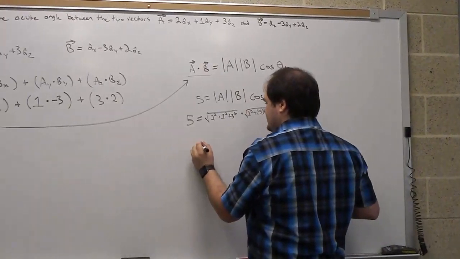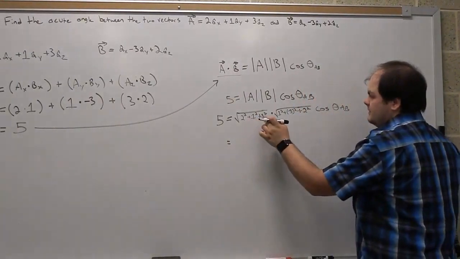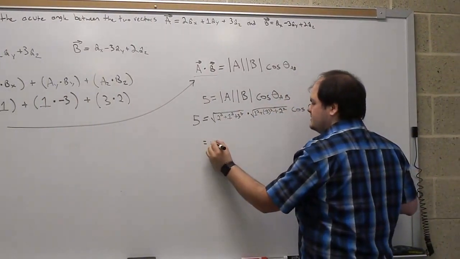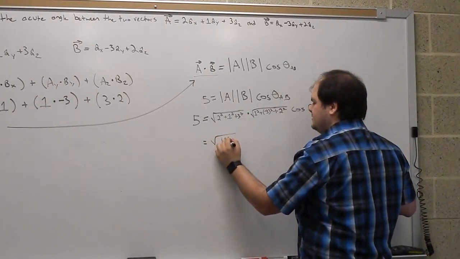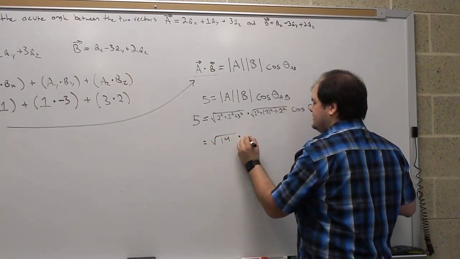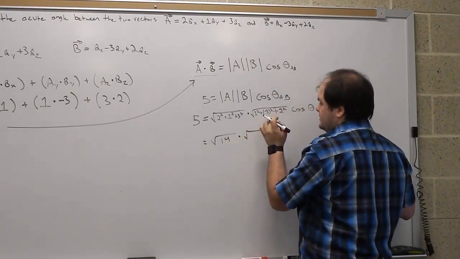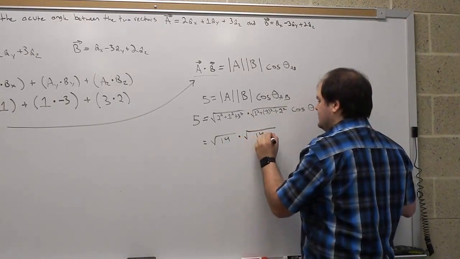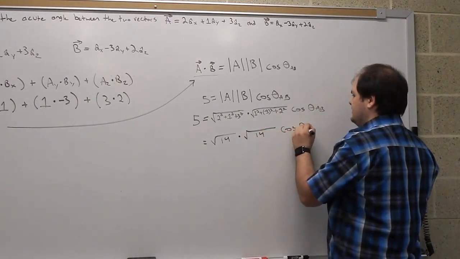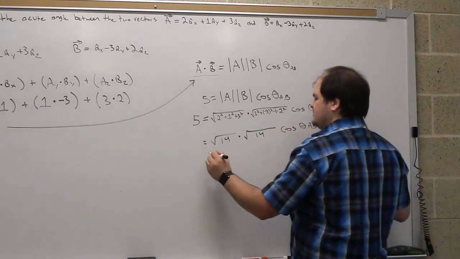If we calculate this out really quick, this ends up being square root of 14 times square root of, looks like 14 again, cosine theta AB, which is 5.